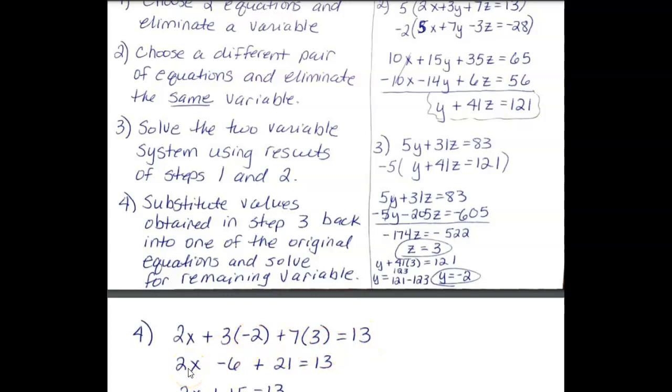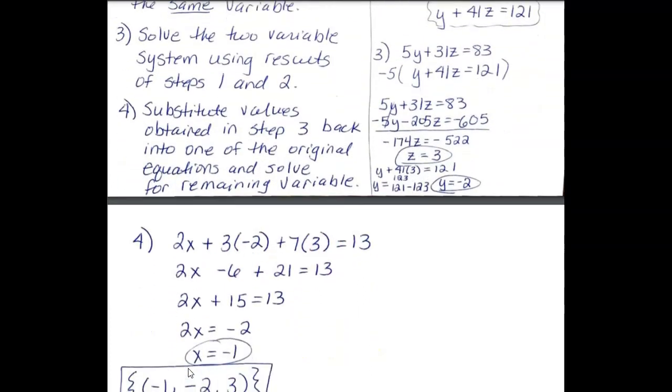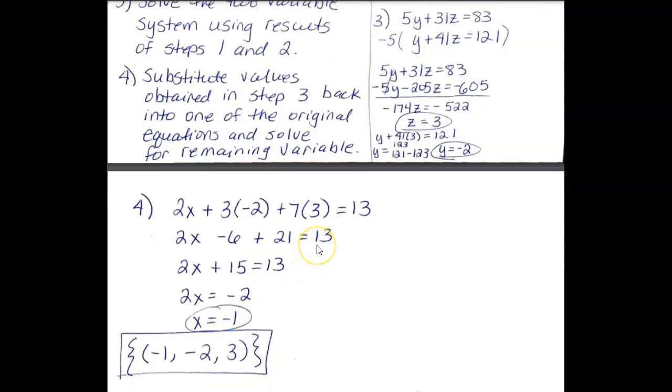So that's 2x minus 6 plus 21 equals 13. -6 and 21 would simplify to 15, so 2x plus 15 equals 13. Subtracting 15 from both sides, 2x equals -2, and then dividing by 2 on both sides, x equals -1.